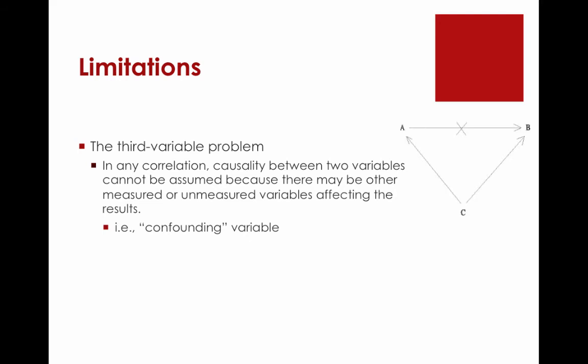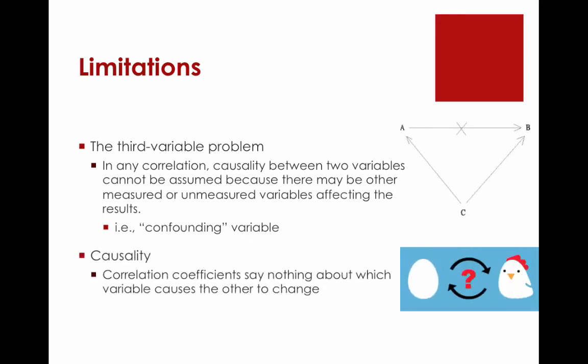We can't really imply or talk about cause and effect, which brings us to our other limitation, causality. Correlation coefficients really say nothing about which variable caused which and which variable came first, right? Think about the whole idea of which came first, the chicken or the egg? The same thing holds true when you think about correlation coefficients and bivariate relationships. We really cannot say that if somebody drinks at a young age, they're going to smoke at the same age.